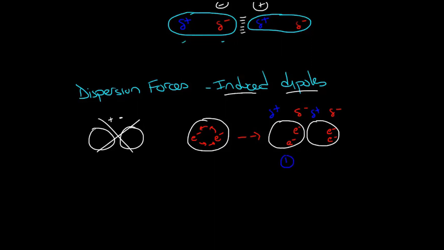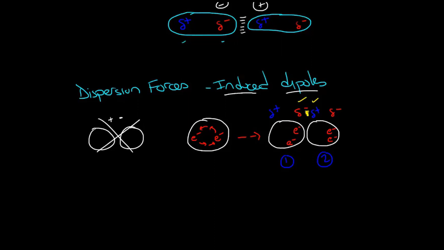So molecule 1 can induce a dipole in molecule 2. And now we have these polar ends, a negative end and a positive end, that can now interact. That's the origin of the intermolecular force that can occur between nonpolar molecules.